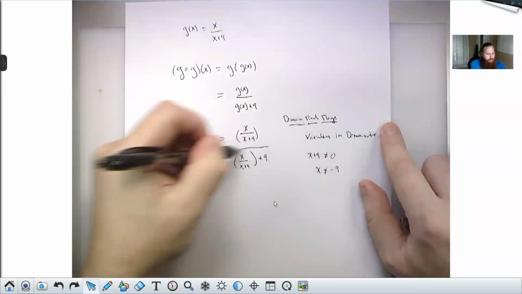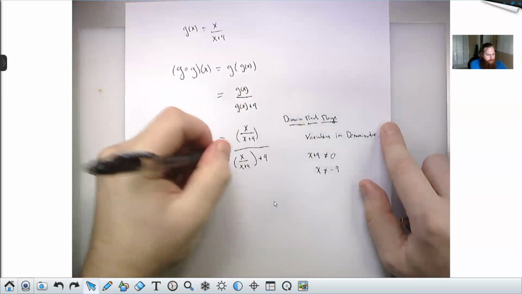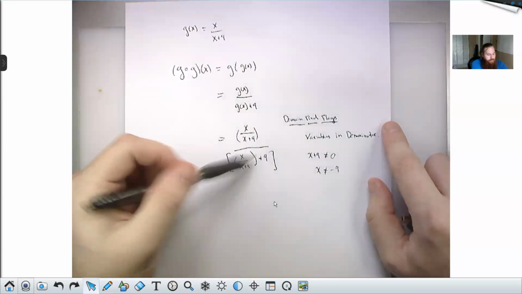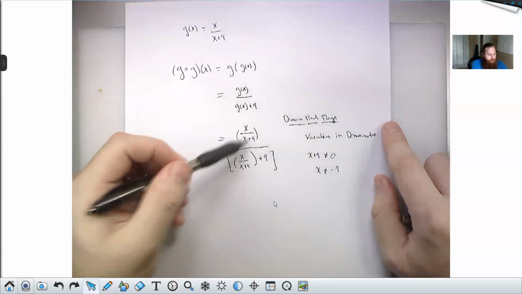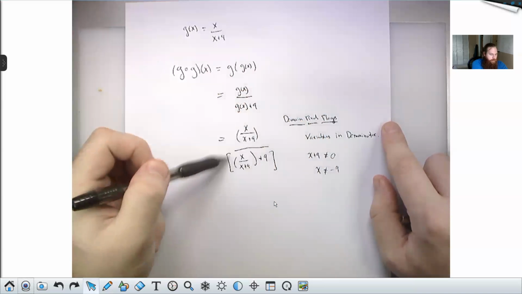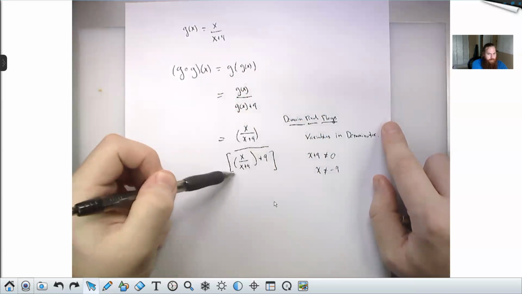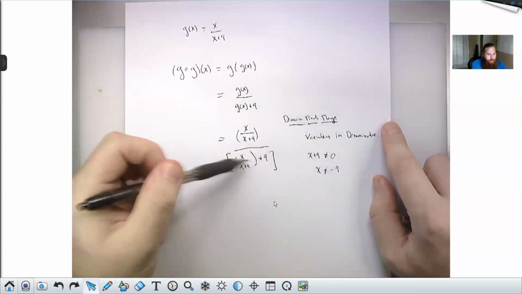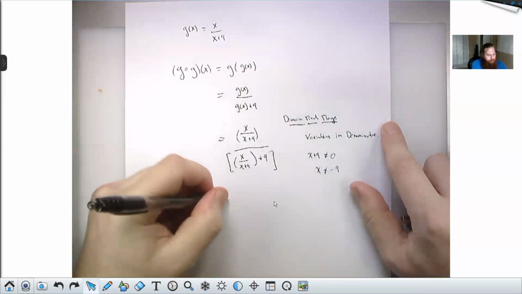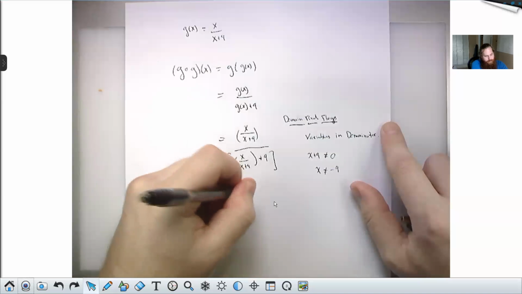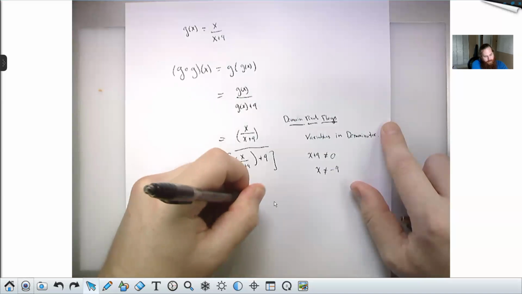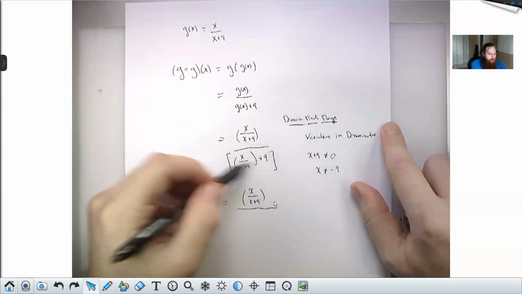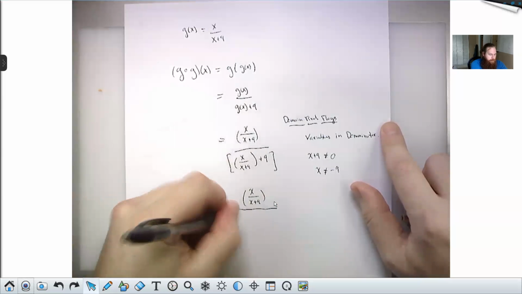But there's also the question of the big fraction here. In addition to staying away from the things that make these little denominators 0, we also need to stay away from whatever would make this big denominator equal to 0. To figure out what that is, we need to combine these two pieces. So I'll leave the numerator alone. That's x over x plus 9. And downstairs here, I need a common denominator between the two pieces in the big denominator.